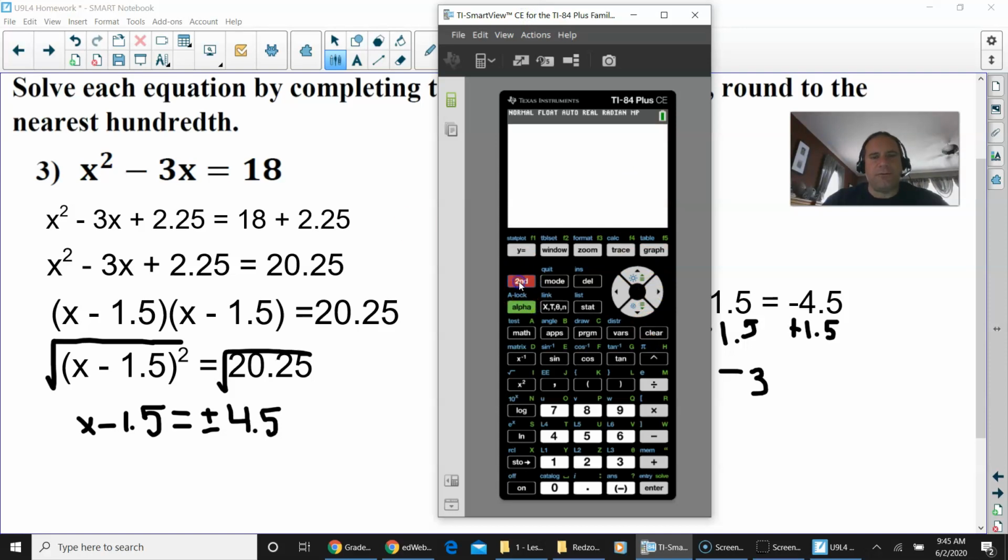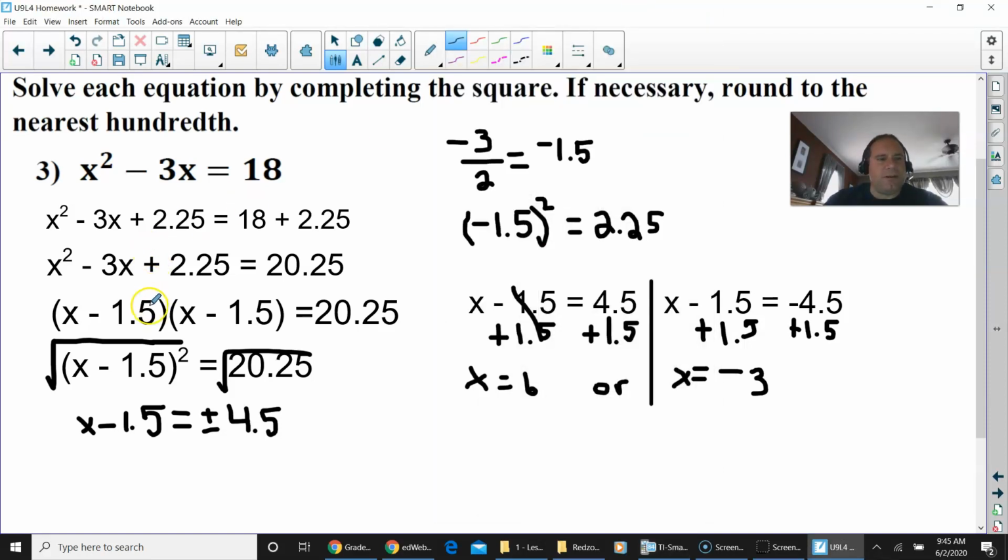I just square rooted the 2.25 and got 1.5. So 1.5 times 1.5 equals 2.25, and a negative times a negative equals a positive, and then -1.5 plus -1.5 equals -3.